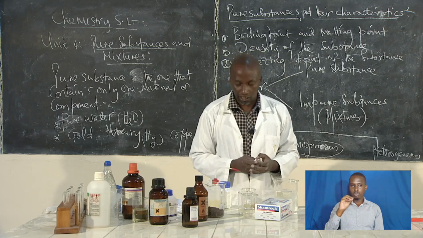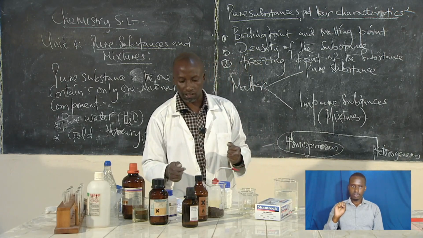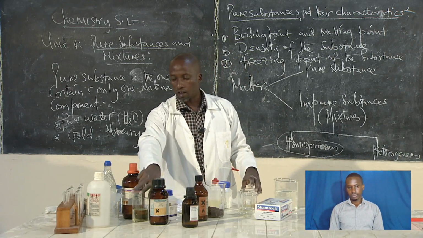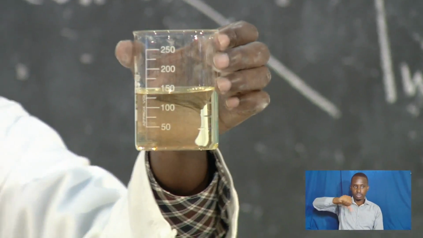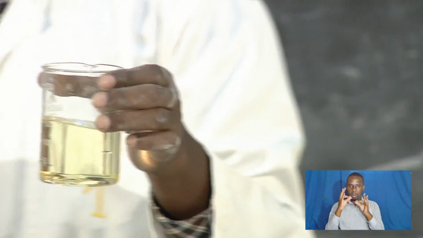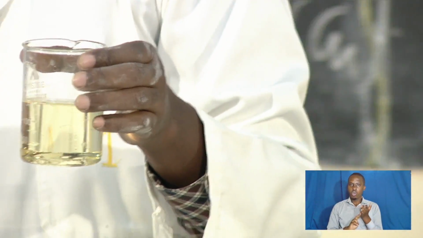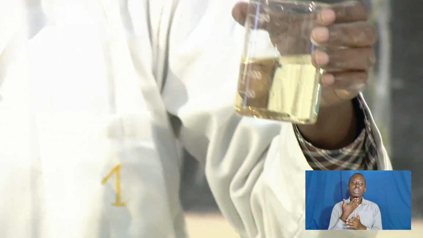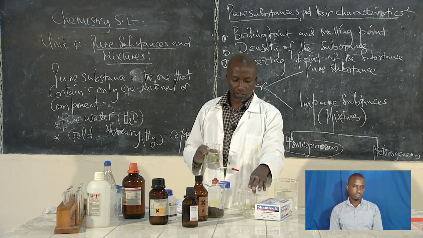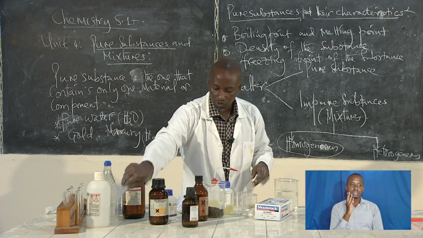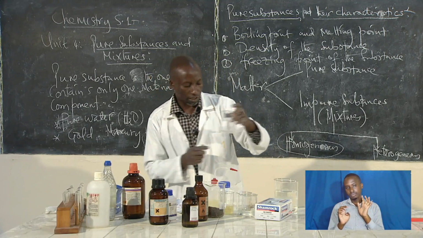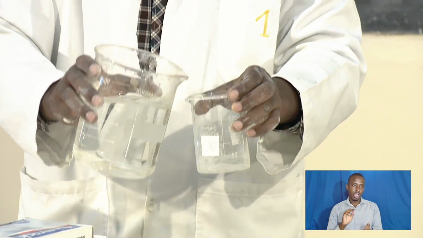Now let's look at some examples. Here I have oil. This is cooking oil. Everybody is familiar with the cooking oil that you use for cooking, frying, whatever you're cooking at home. So we mix it with water.